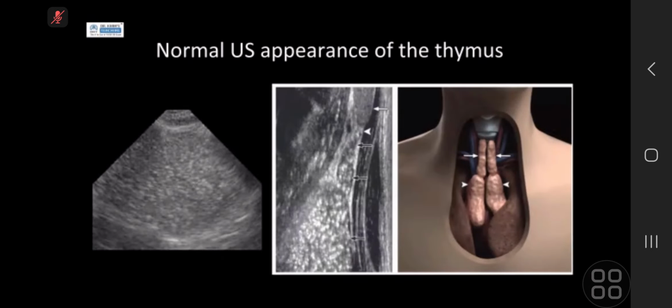So I thought I would show you what a normal thymus looks like on ultrasound. This is a starry sky appearance, looking a little bit like the liver, but they call it starry sky. This shows the thyroid, with the thymus inferior to it, and you've got your cervical part and the mediastinal part of the thymus corresponding to this picture here.